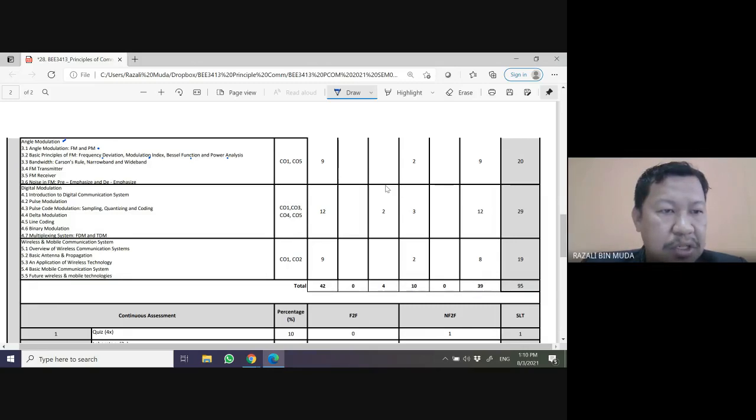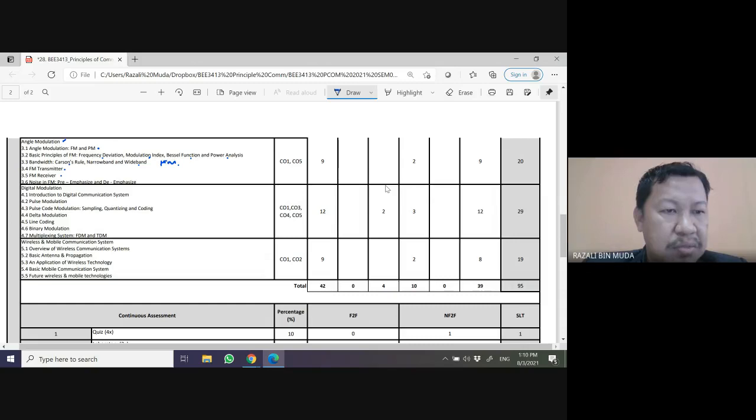Then we will discuss the bandwidth of FM, either using Carson's rule or another method, and also we will discuss narrowband and wideband FM. Okay, and then this chapter will also discuss the transmission and receiving part of the FM signal.